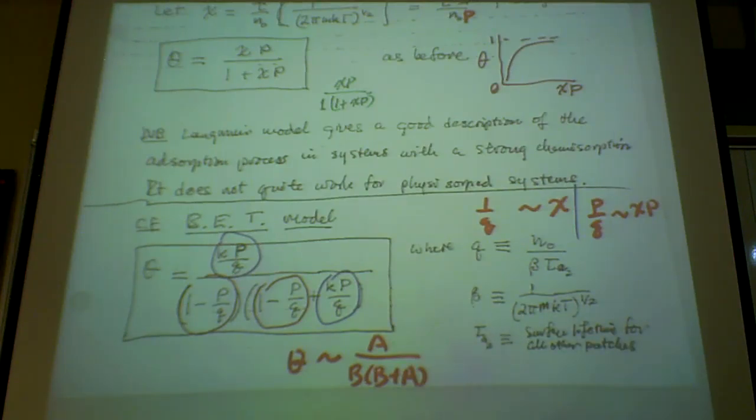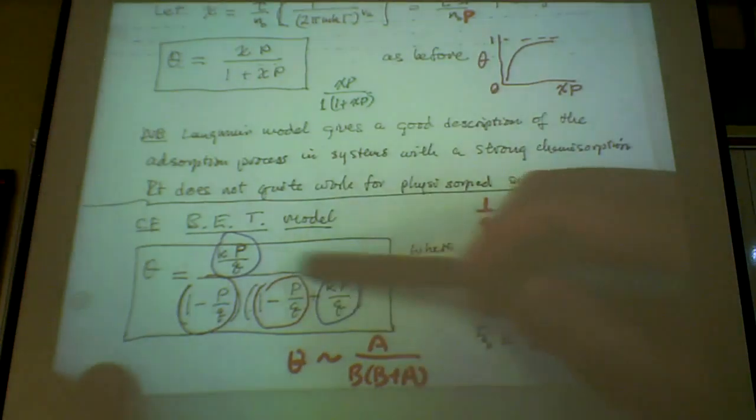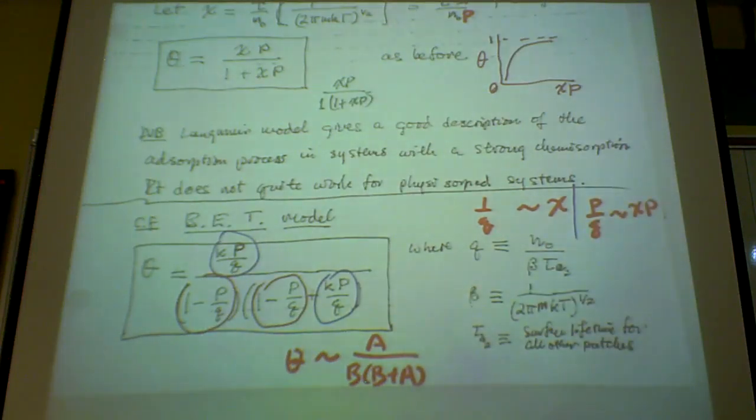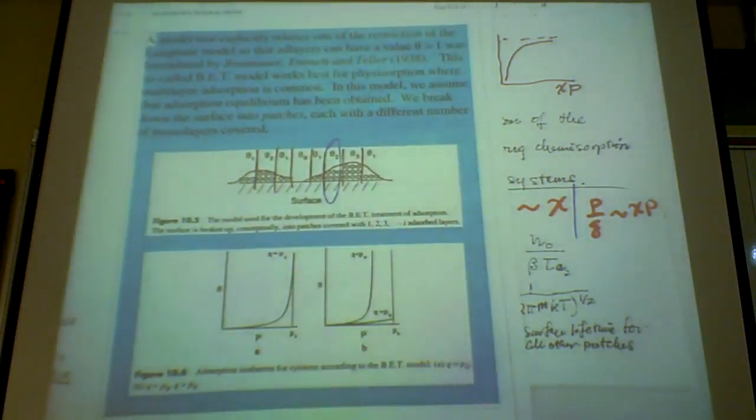Okay, so that's the kind of thing that I'd like you to know qualitatively about the BET model, with some feel for the mathematics involved, and the feel related to this is the correction. This B really just has a correction inside, which is P divided by Q, and Q is related to the surface lifetime of all other patches, related to these multiple patches that you have in here.